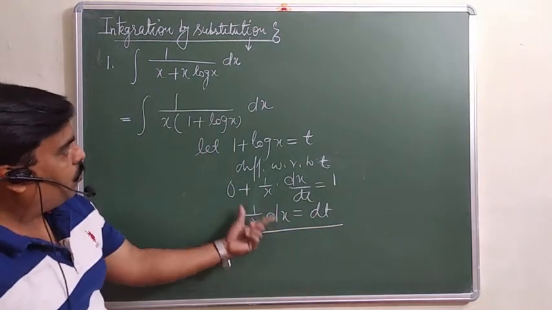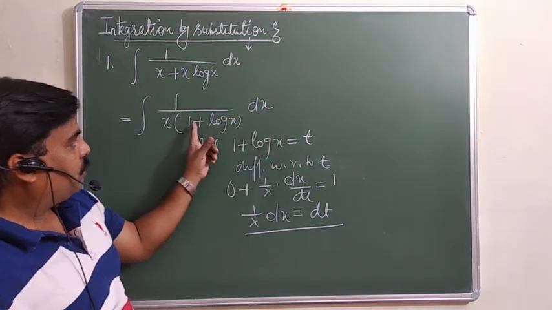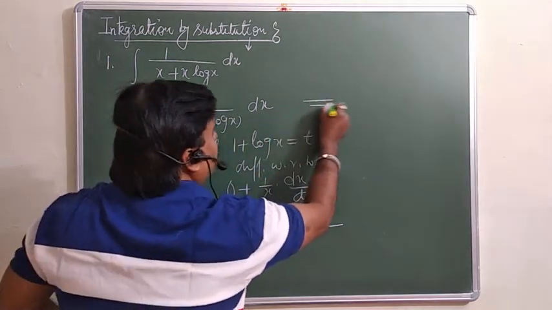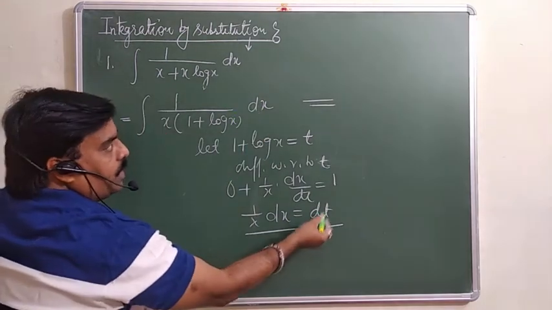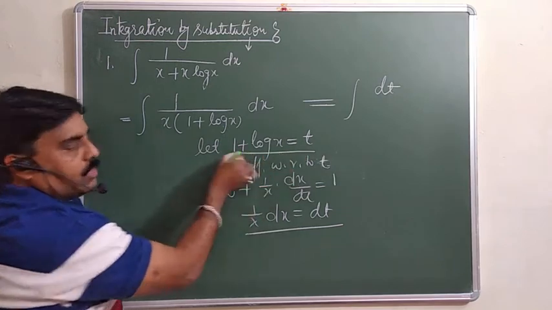See now, this 1 over x dx is already here. So the derivative of this is already given here. So this can be changed. 1 over x dx you can write as dt, and 1 plus log x you already assumed to be t.